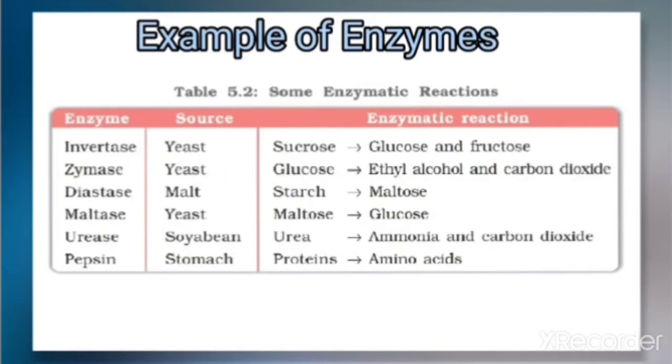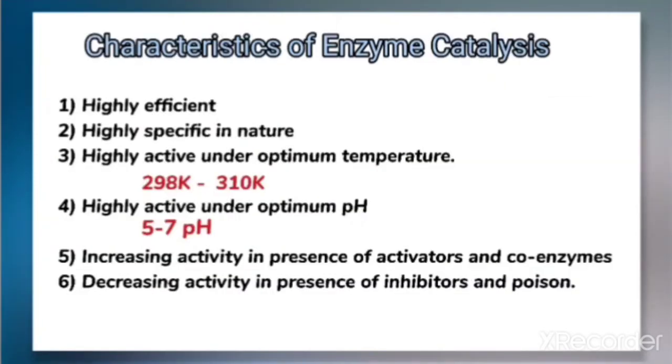So these enzymes convert a particular reactant into a particular product. That means we can say that enzymes are specific in nature. A specific enzyme can catalyze a specific biochemical reaction. So the characteristic features of enzymes are in this way. It is highly efficient.